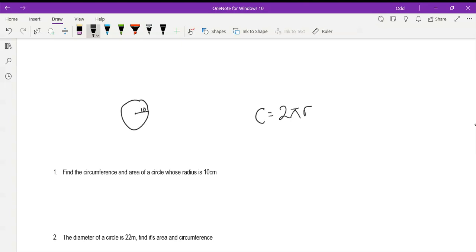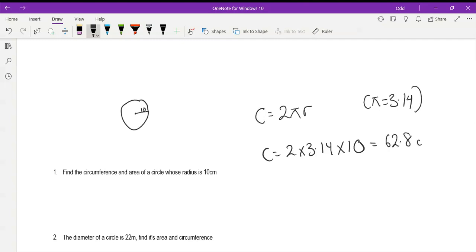For this video, I'm just going to use pi as 3.14 for consistency. So C will be 2 times 3.14 times 10, which gives us 62.8 centimeters.